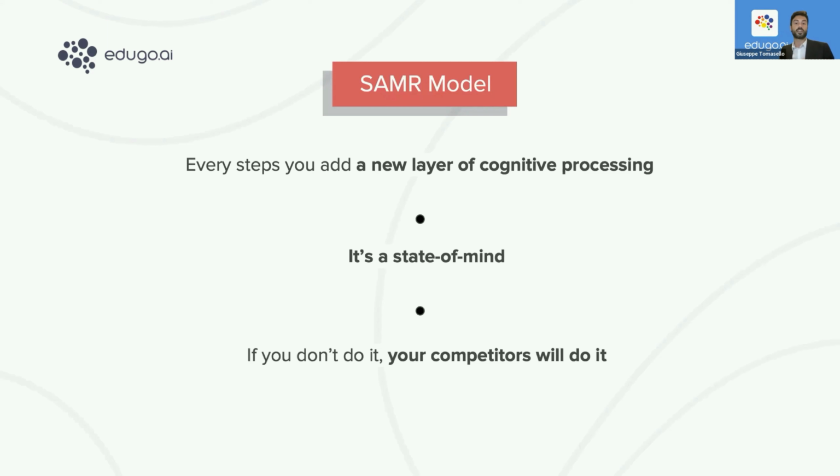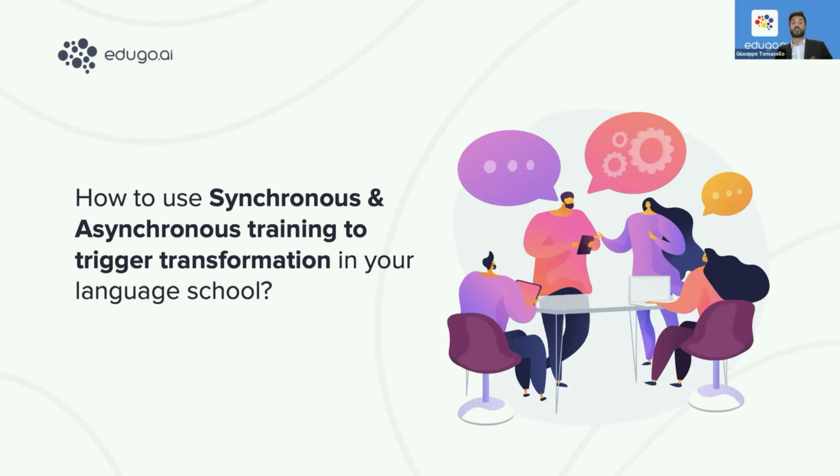Now we take it for granted as not technology, but it is a technology. And so the SAM model is always changing according to the status quo, the current technology state, and is evolving over time. What is also really important to mention is that if you don't do it, your competitors might do it, or they will pretty surely, because right now this process is involving all the people participating in the industry. So now we finish with the theory.